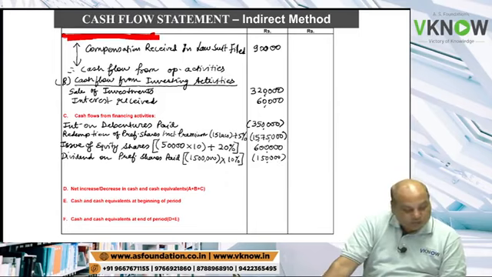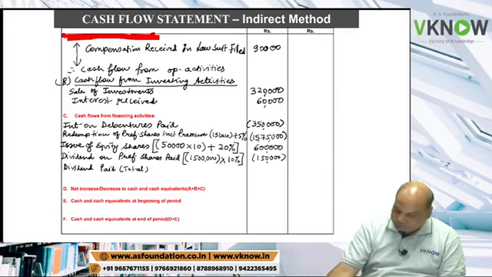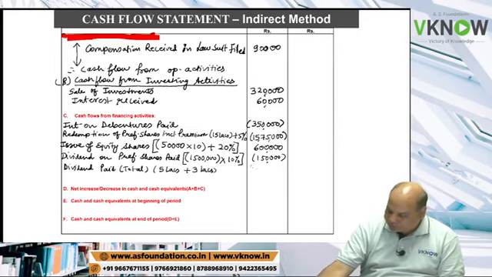Point number D. Dividend for the year paid 5 lakh, interim dividend paid 3 lakh. So write down dividend paid in bracket total, and that is 5 lakh plus 3 lakhs, 8 lakh.